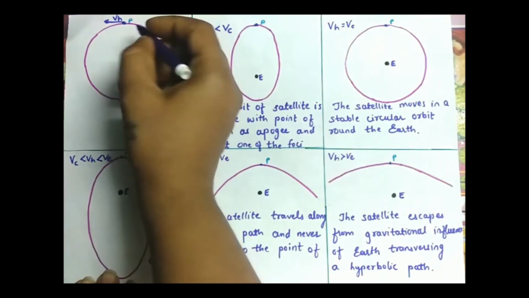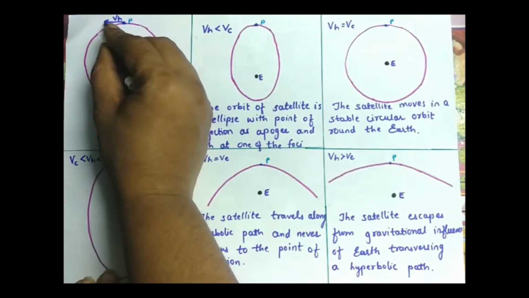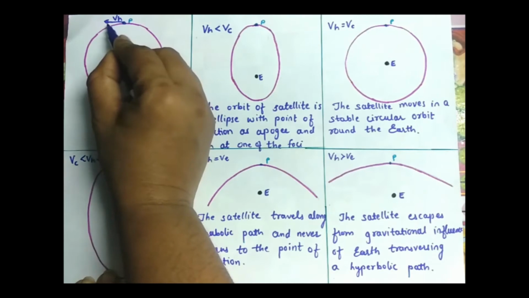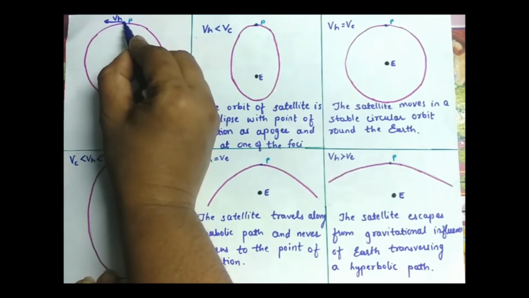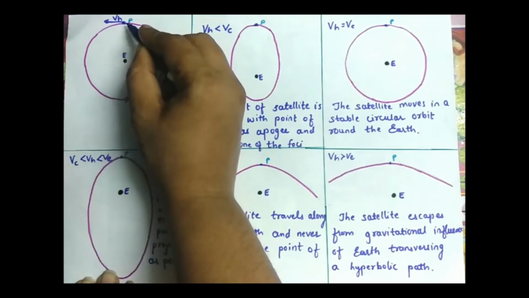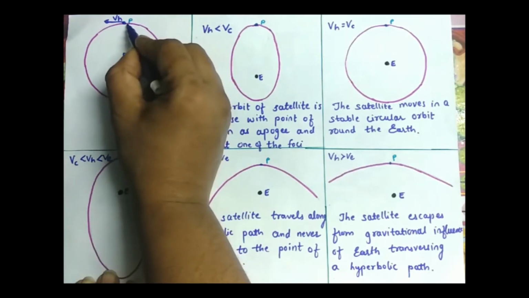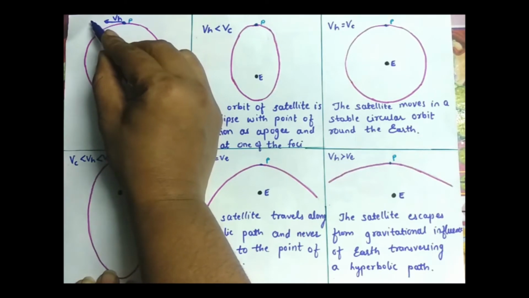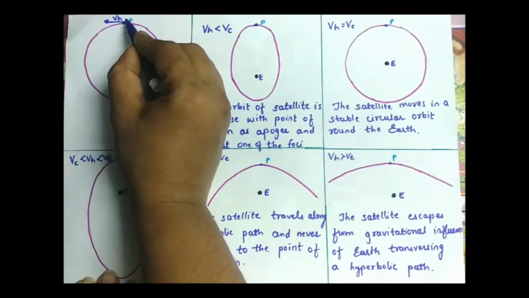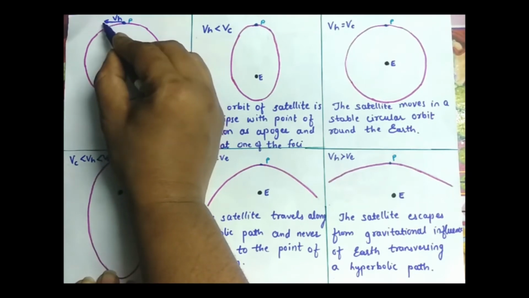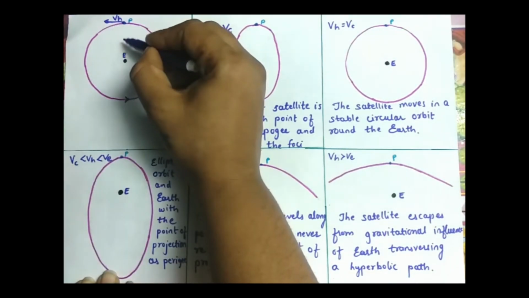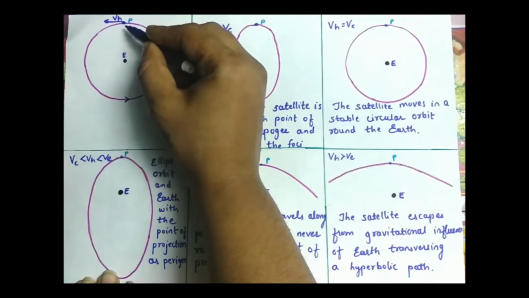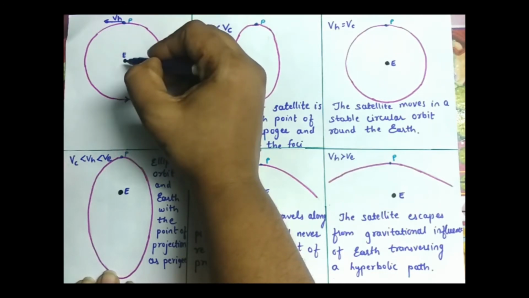So, the necessary centripetal force is provided by the gravitational force. That means if this is the linear velocity of that satellite, if there is no balancing force like gravitational force, then it will be thrown out in this direction. The velocity you have given as a horizontal velocity to this satellite, it tries to move this side, but an equal force is applied towards the earth.